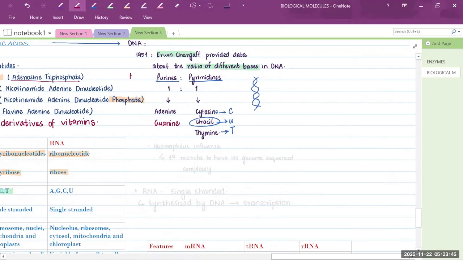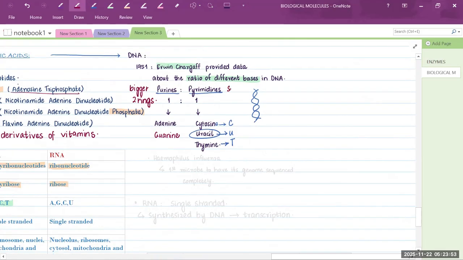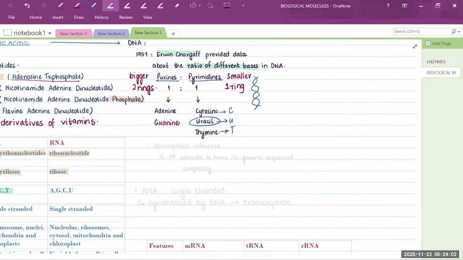The purines are bigger bases. They have two rings. Some more info that you guys need to remember: the pyrimidines are smaller ones and have only one ring. The way I remembered this is that the pyrimidines are actually smaller bases, but the letters in pyrimidines are far more than in purines.